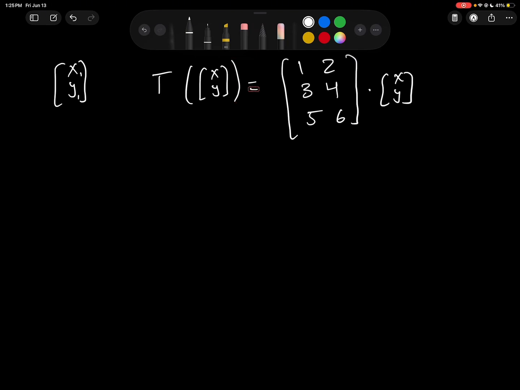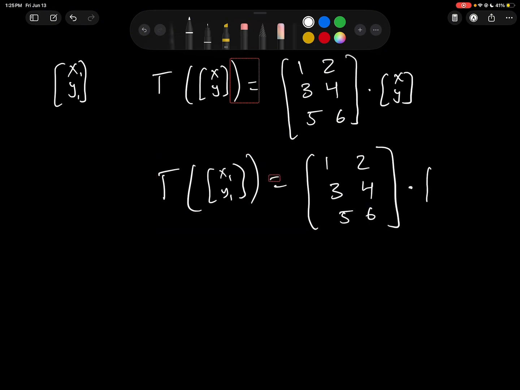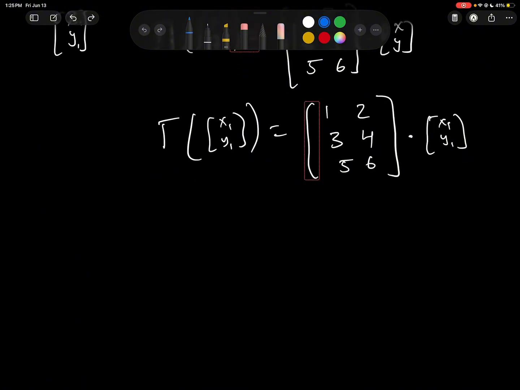Okay, so if I then do T of x1, y1 here, it should just be the exact same thing. It should just be 1, 2, 3, 4, 5, 6 times x1, y1. And so now what I want to do is actually do this matrix vector multiplication.